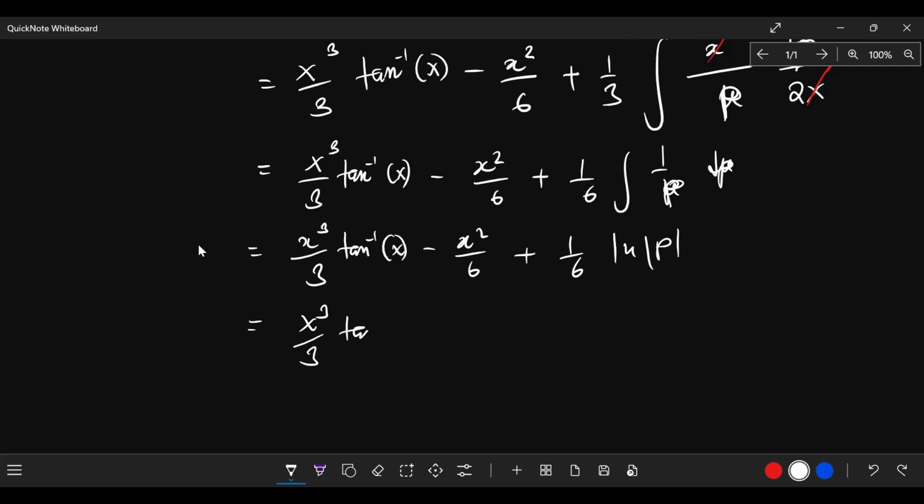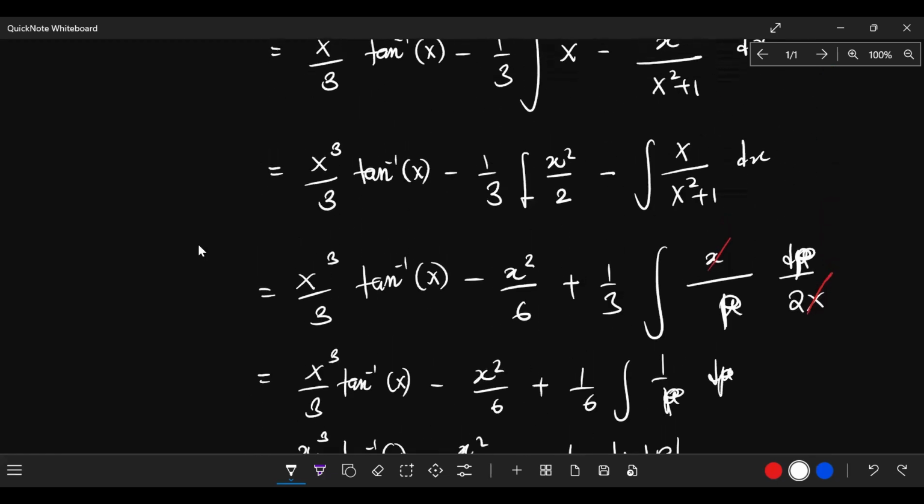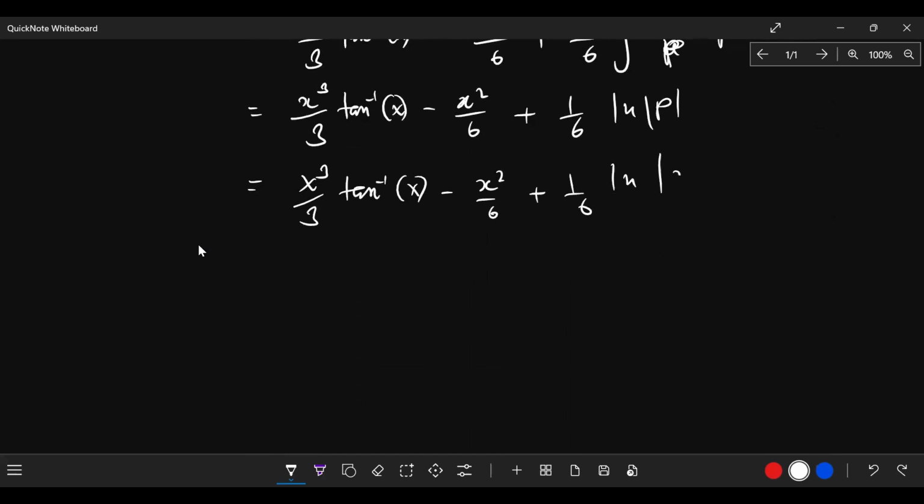So 1 over 6 natural log of p. What was my p? p was x squared plus 1. And then plus c. This time around, you can put a c here because you're done.